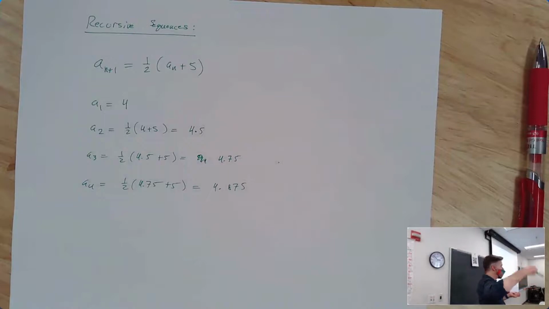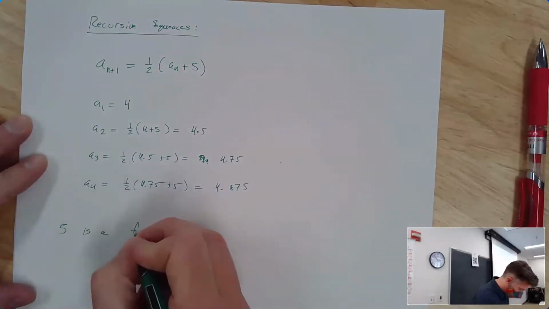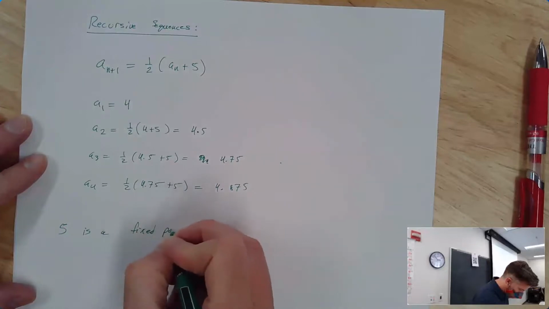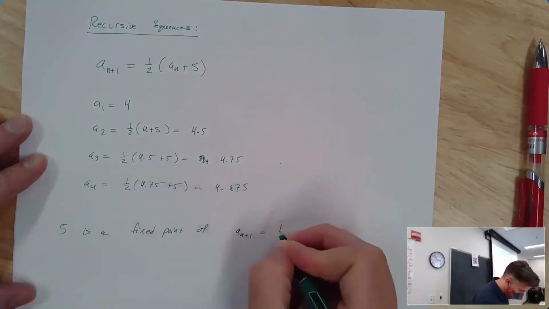So let me ask you, if you plugged in 5 for a sub n, what would a sub n plus 1 be? It would be 5. If you plug in 5, 1/2 of 5 plus 5 is 5. 5 is what's called a fixed point of this recursive sequence.